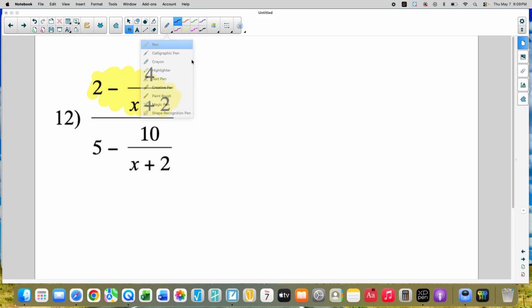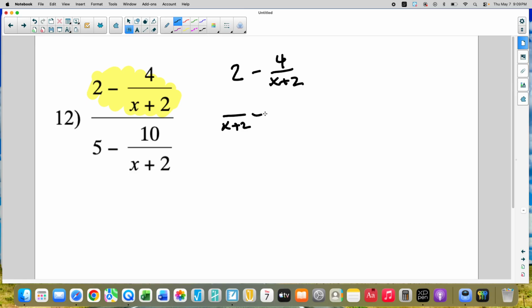We can do this problem, 2 minus 4 over x plus 2. Denominator is going to be x plus 2. I'm going to find an equivalency. 2 times 2 over 1 equals what over x plus 2? We multiply it by x plus 2, x plus 2, which gives me 2x plus 4, and then the 4 that's already there.